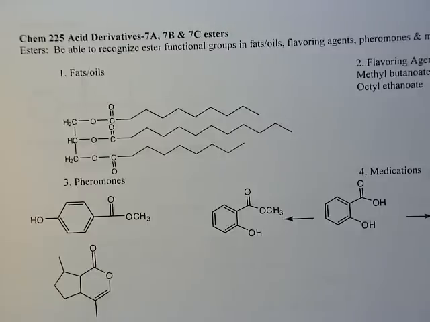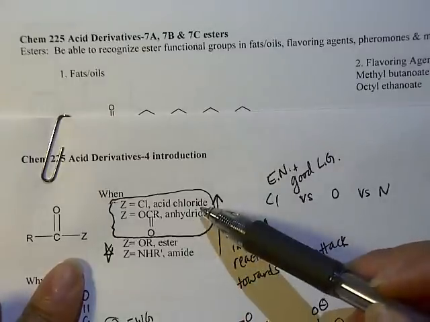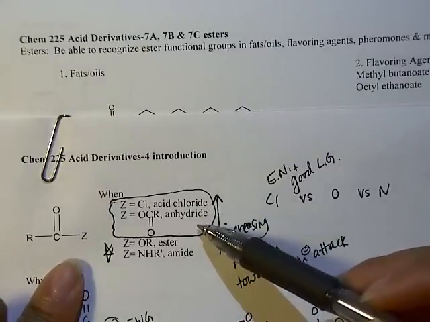The 7A lecture that I'm going to spend the next 10 minutes or so on is about where esters are found in nature. When we talked about the 4 derivatives, remember I said the acid chlorides are so reactive, they're really not found in nature. Anhydrides are found to some extent, as you'll see in a bit.